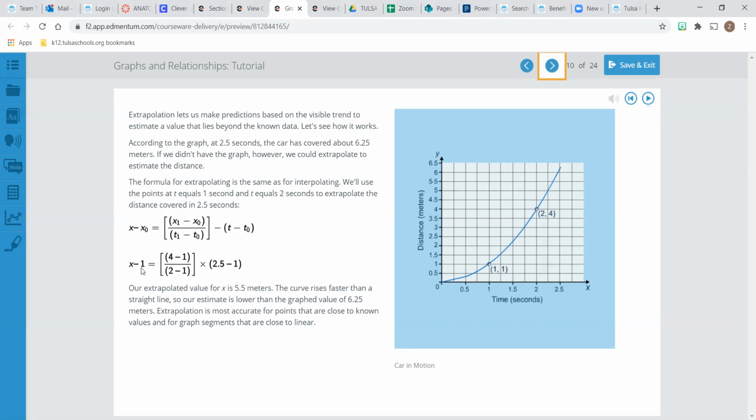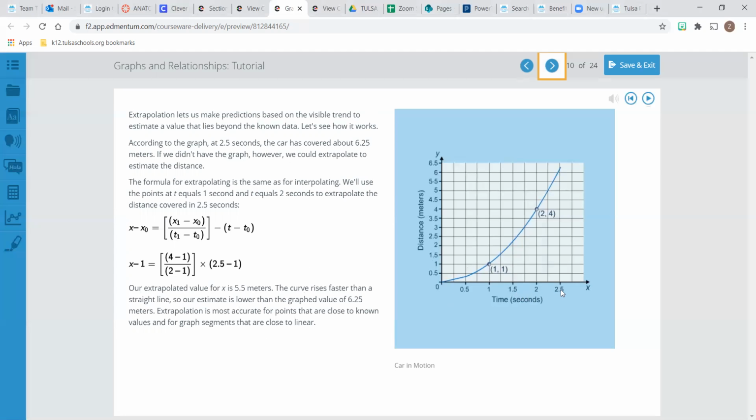So we have x minus our known point on the y-axis for this one, 1, equals x1, which is the difference between the y-axis numbers, 4 minus 1, 4 minus 1, over the difference in x-axis, 2, 1, okay, times the t we're looking for minus t naught, which is this point.